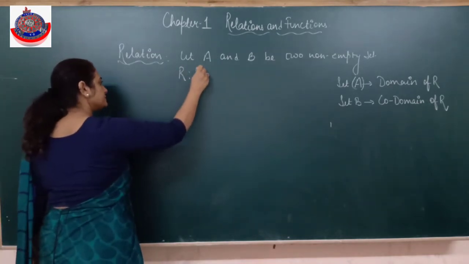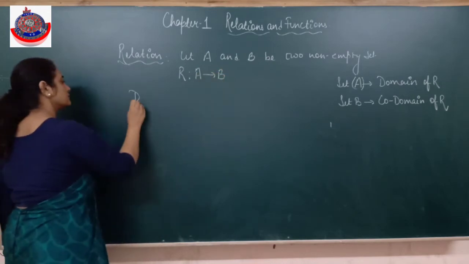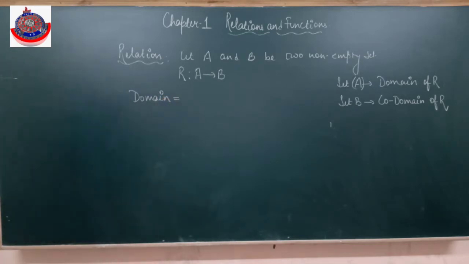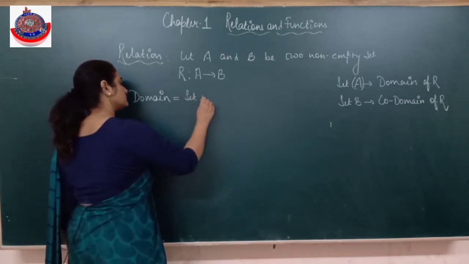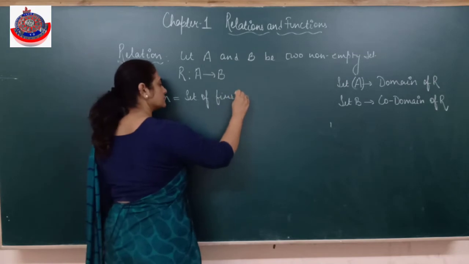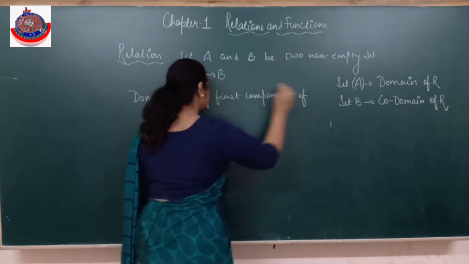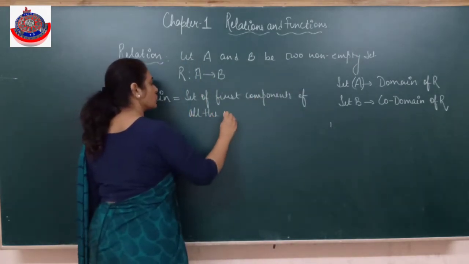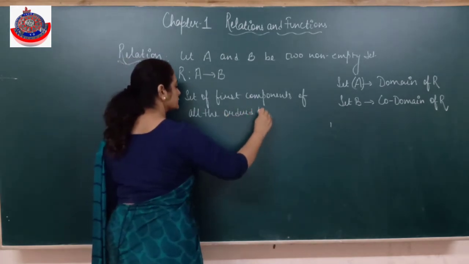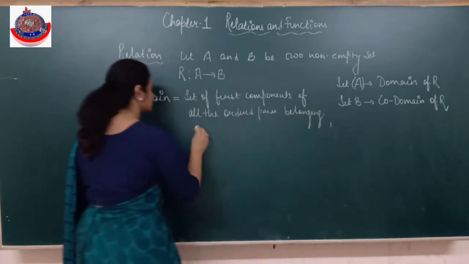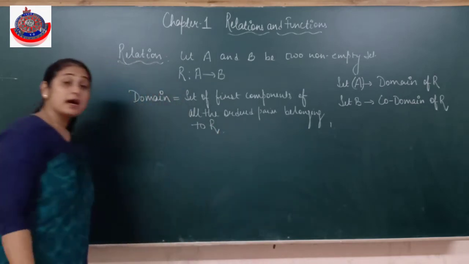Let R be a relation. What is the domain? The domain is the set of all the first components of all the ordered pairs belonging to R. Is it clear?